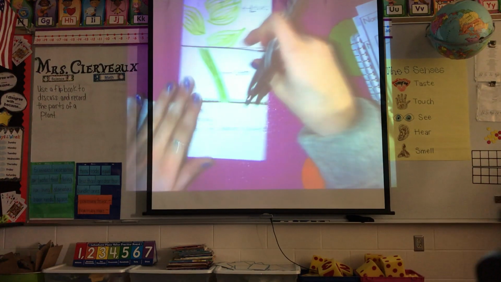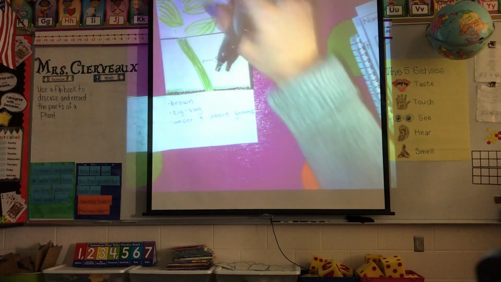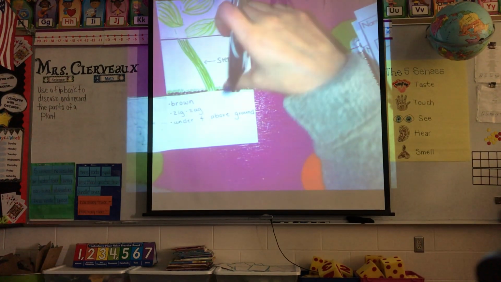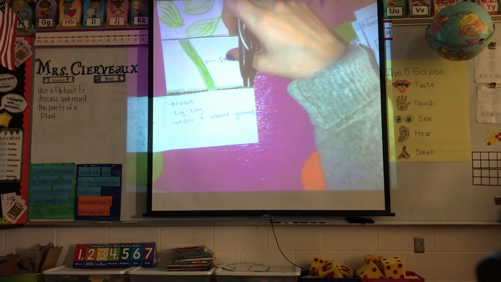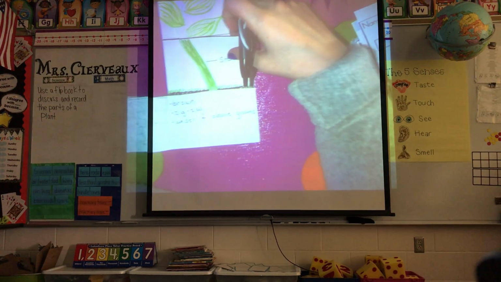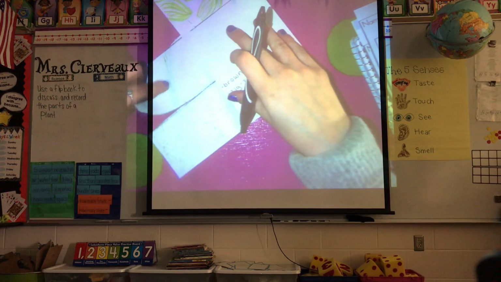Alright, and what do you guys think we should write about how the stem looks? What does the stem look like? If you're using your eyes, what do you see? Yes. Green? You can write green on the stem.